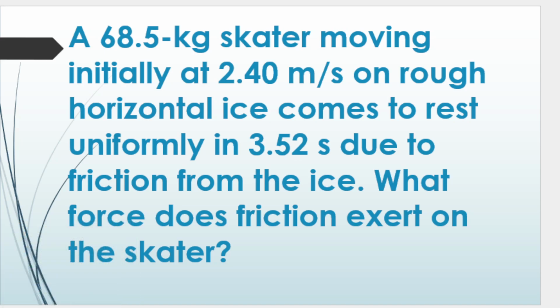It says it is moving initially at 2.4 meters per second. Initially means it already has velocity. If it already has velocity, an object in motion will remain in motion.